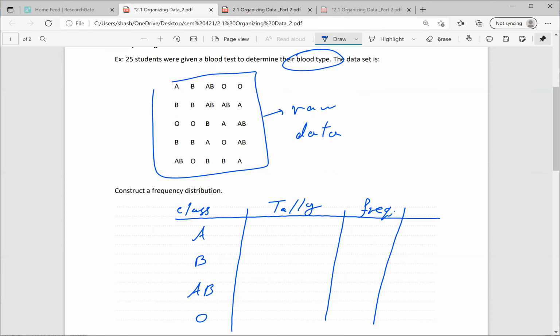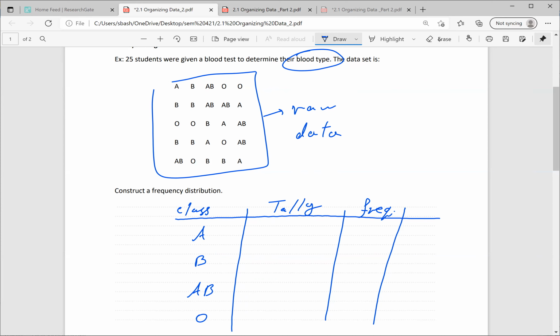So we add them in the first column, the variable of the data, which will be blood type, or I will call it just the class now. For the tally, we are going to go through all of this data one by one, so as not to miss any of them.